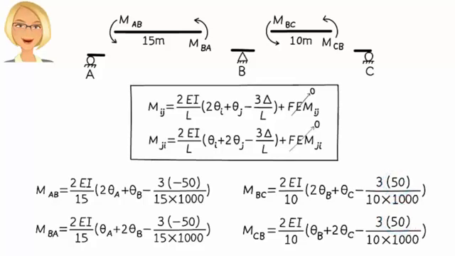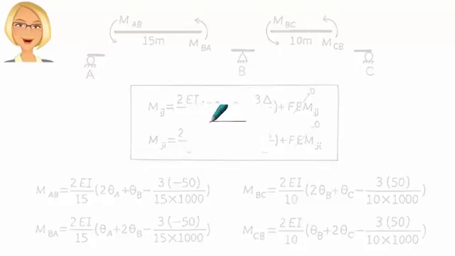So when using the slope deflection method, dealing with support settlement is rather straightforward. Delta represents the differential settlement between the ends of the segment. So if one end of the segment settles by 50 millimeters relative to the other end, delta would be 50 millimeters. Here is a question for you.